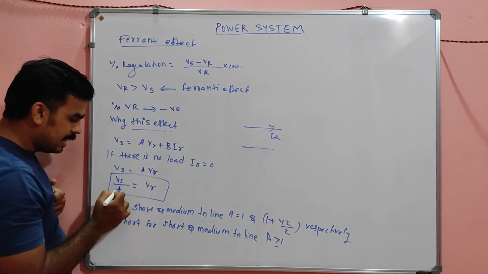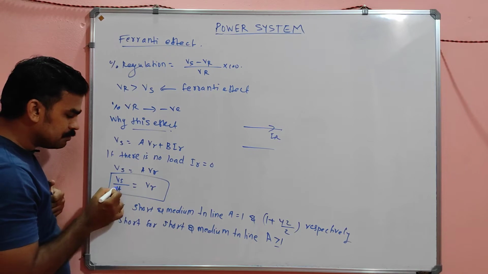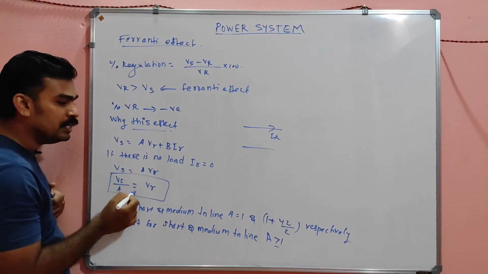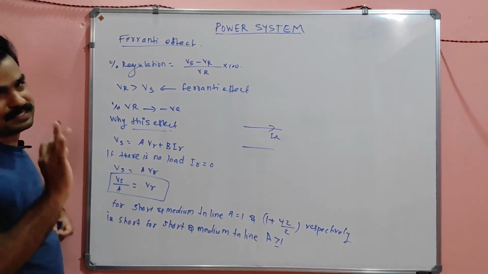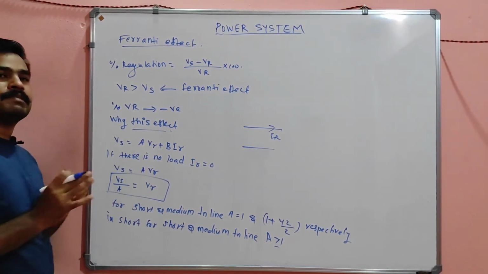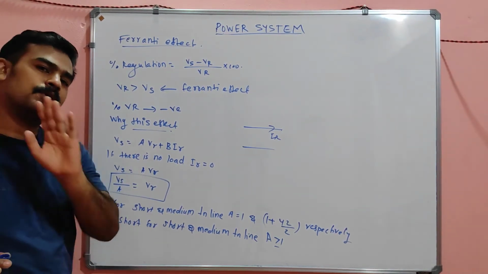If A is greater than 1, VR will be less than Vs, because Vs divided by 1.3, for example, is VR. So for short as well as medium transmission lines, there will not be any Faraday effect.